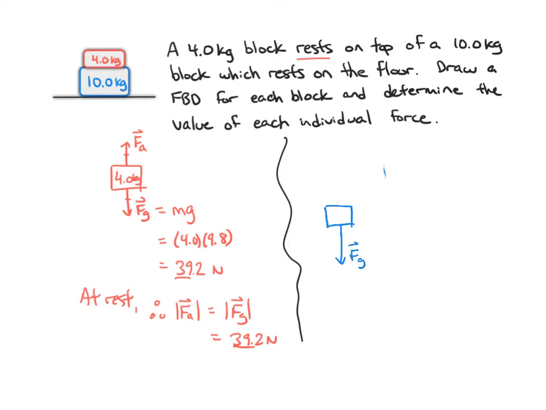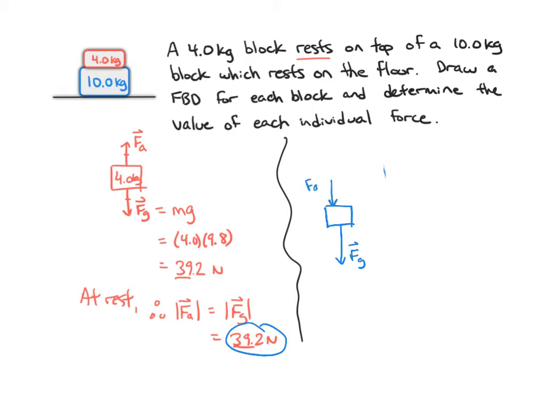Now, the applied force of 39.2 newtons, that was the blue block pushing up on the red block. But due to Newton's third law, the red block's going to apply an equal and opposite reaction force downwards on the blue block. So I have to actually include the applied force downwards.